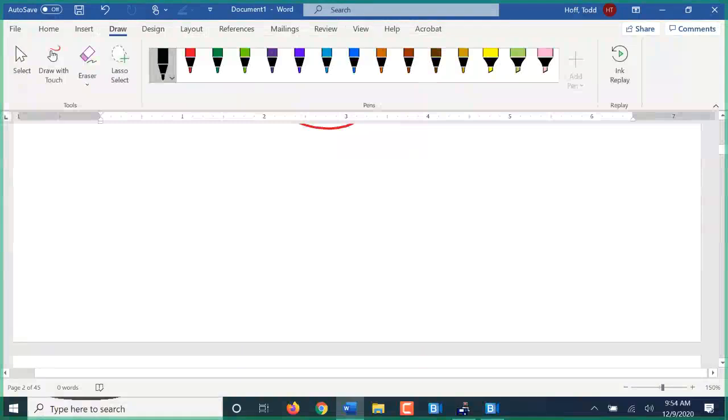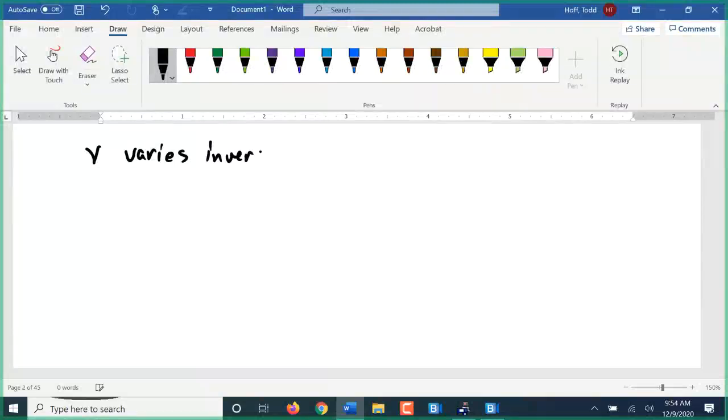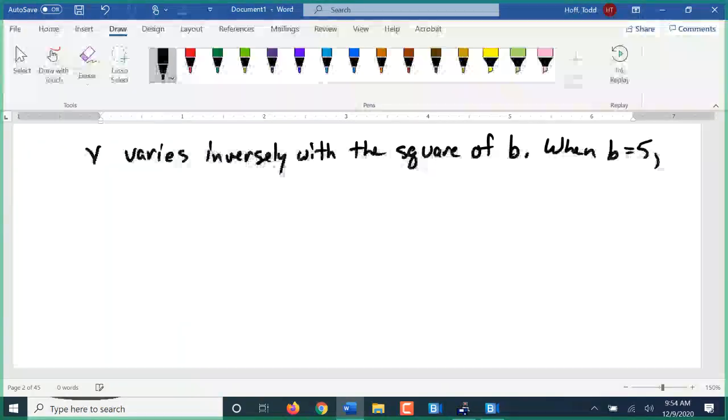We might have V varies inversely with the square of B. When B equals 5, V is 125.